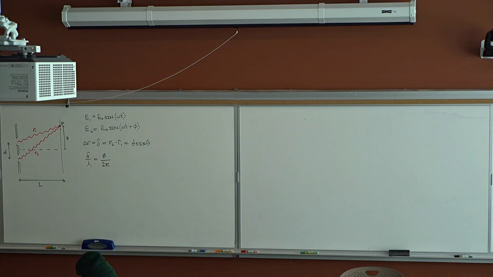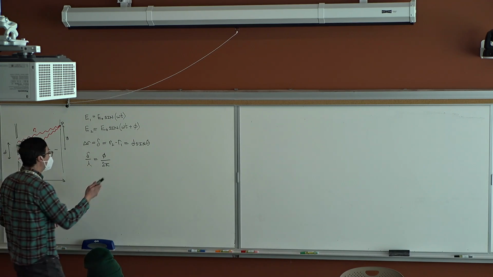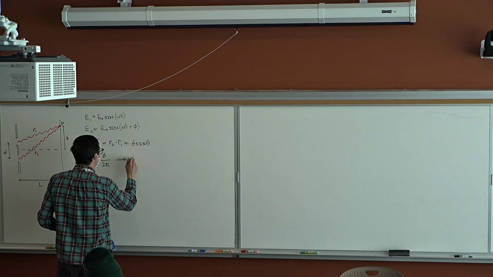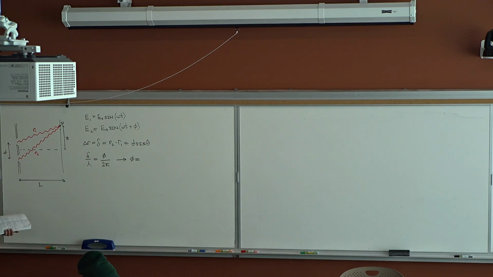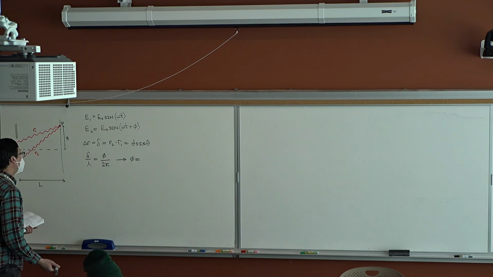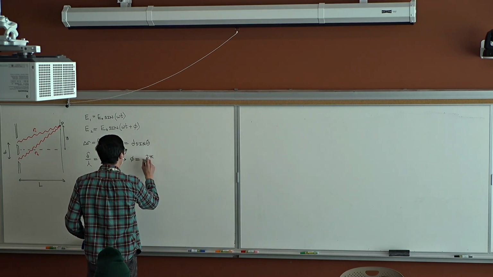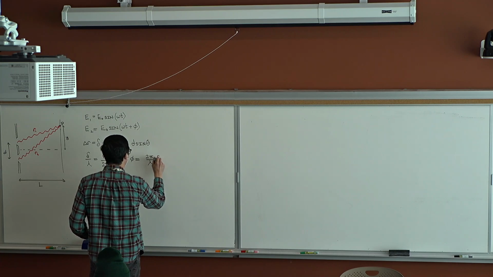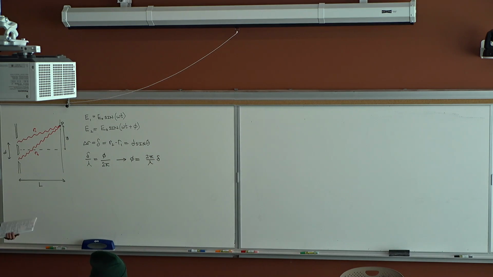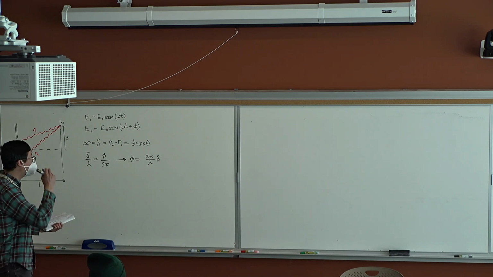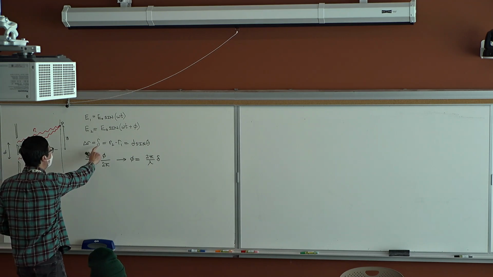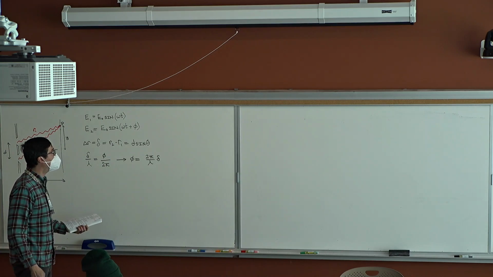And so we can then say that phi is going to be 2 pi times delta R over lambda. But we already said delta R was d sine theta.